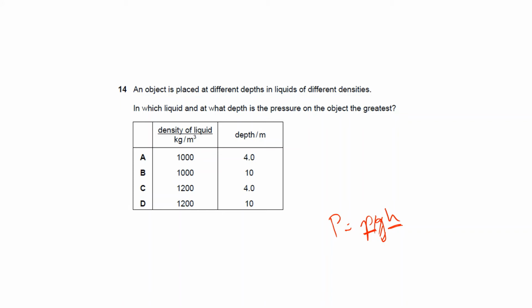So if you want the greatest pressure, you want the greatest density. In that case, we look at C and D, where the density is 1200, greater than 1000. The depth should again be greater for greater density. We have 4 and 10, and I'll definitely prefer 10 because that's a greater depth. Remember that pressure is directly proportional to rho and directly proportional to h. So greater the density, greater the height, greater the pressure.